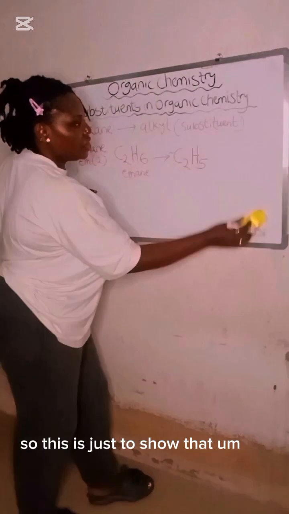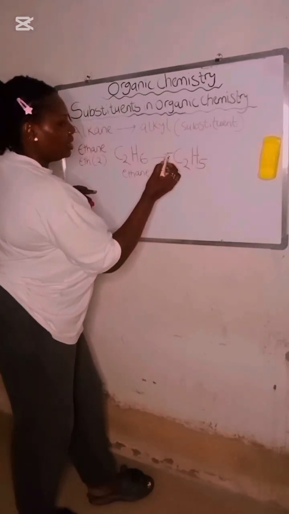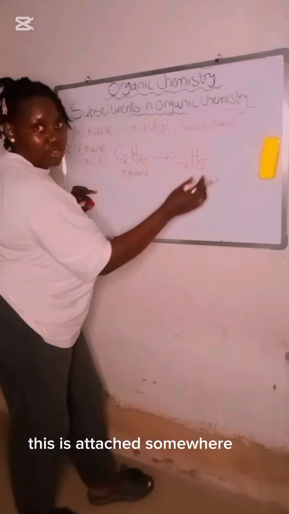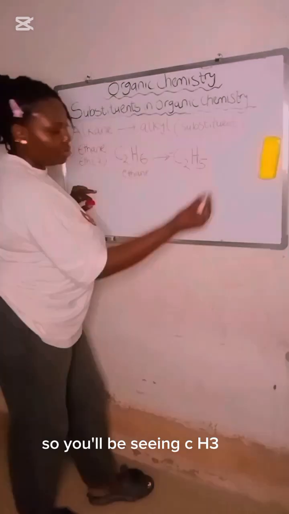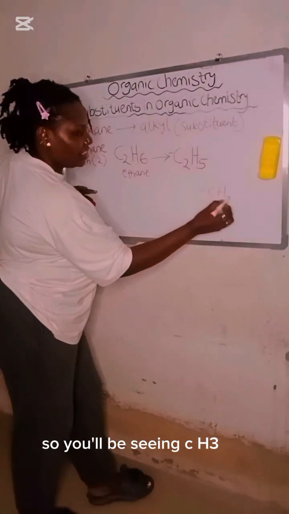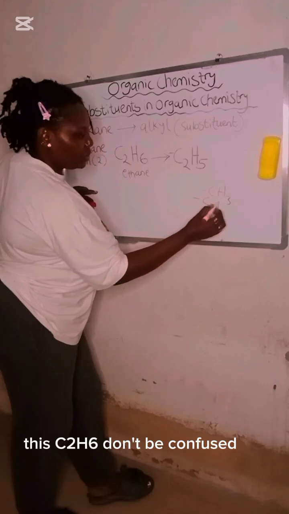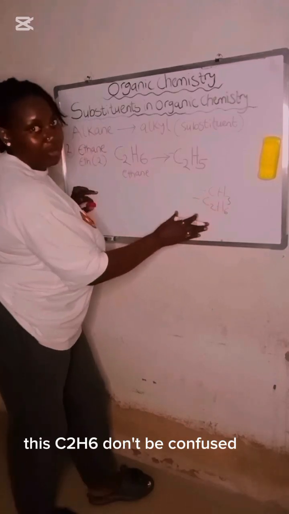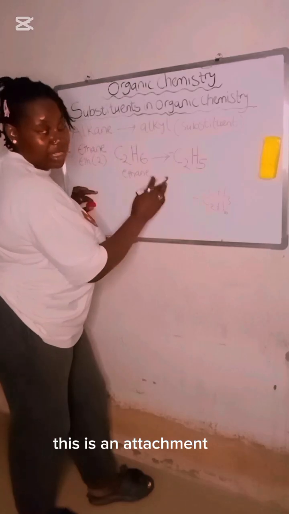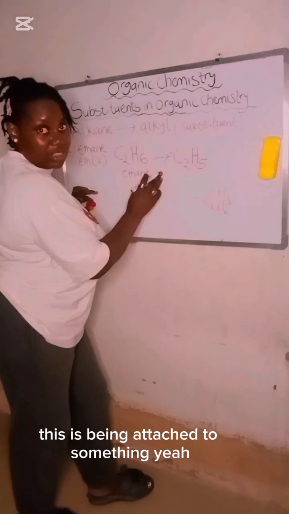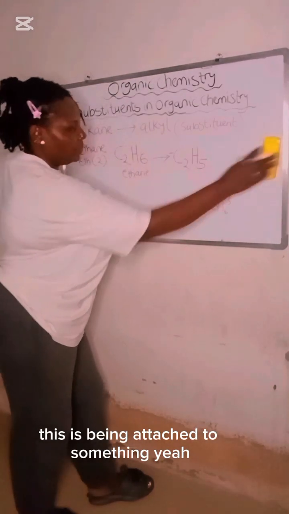So this is just to show that this is attached somewhere. It's attached to the main carbon chain. So you'll be seeing CH3, this C2H6. Don't be confused. This means there is an attachment. This is being attached to something.